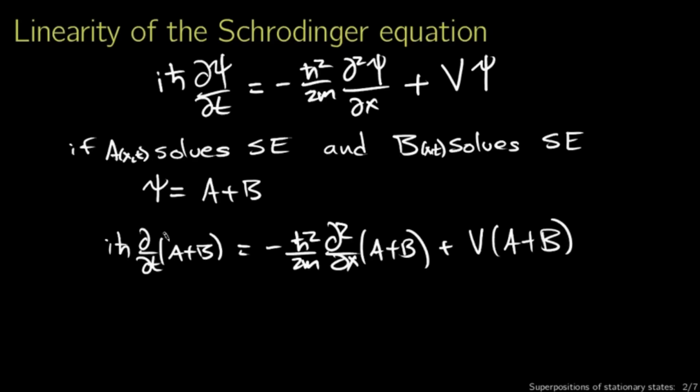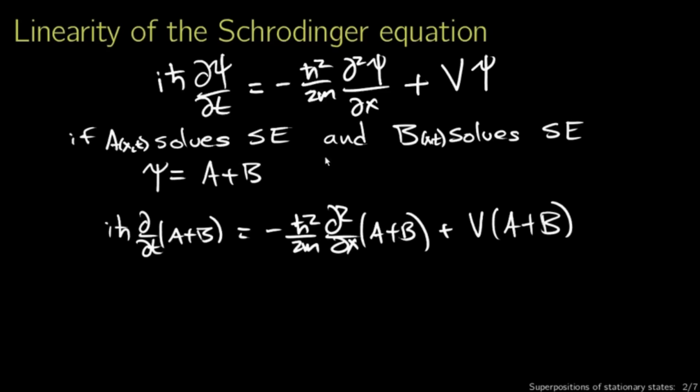Now, the partial derivative of the sum is the sum of the partial derivatives. That goes for the second partial derivative as well. And this is just the product of the potential with the sum is the sum of the products of the potential with whatever you're multiplying out. I'm going to squeeze things a little bit more here.